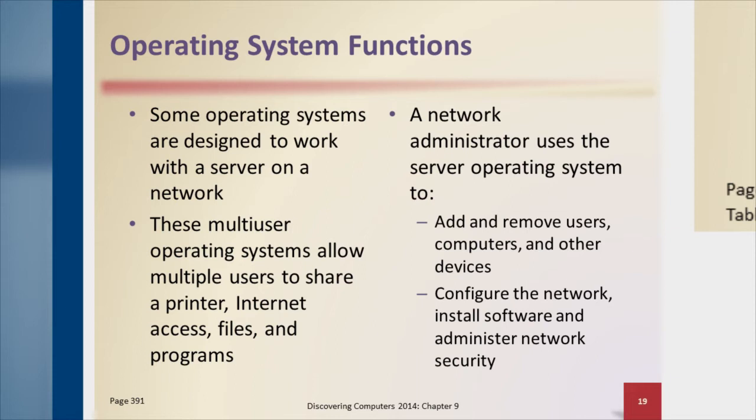So if you're sharing a file from Windows XP or Windows 7, for example, you're serving up that share to other computers. So if you're on Windows 7 and you're sharing a file with a Windows Server 2012 machine, the server in that relationship is a client. The Windows 7 machine is the server.